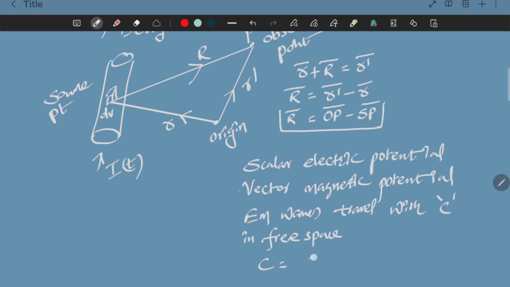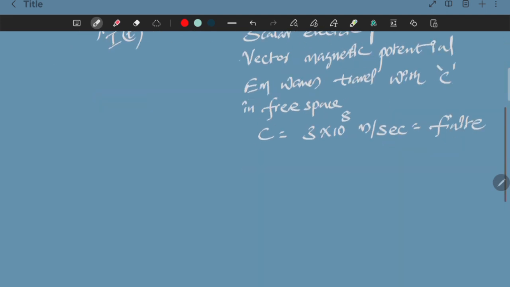So this c is 3 into 10 power 8 meters per second. So it is a certain finite velocity. Because it is a finite velocity, it will take certain time to reach the observation point from the source point.